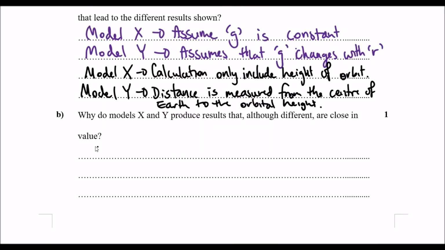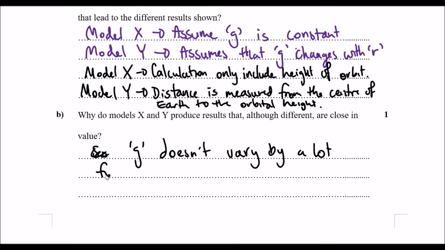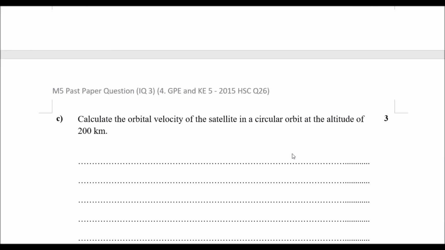Okay, so G doesn't vary by a lot from an altitude of 200 kilometers.